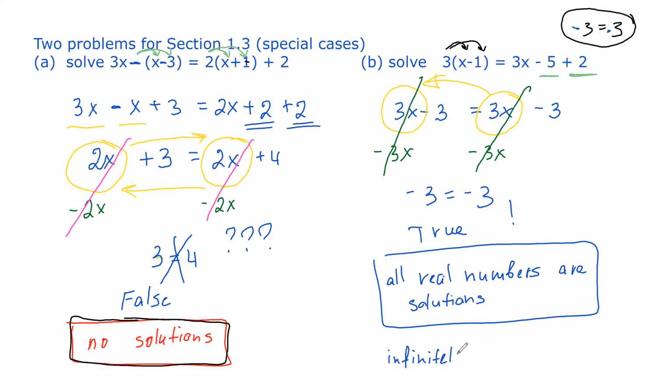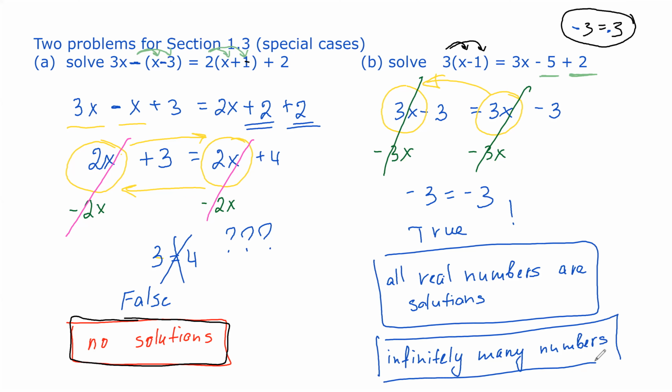But if my memory doesn't fail me, you would see all real numbers are solutions in your homework. Infinitely many numbers. What infinitely many numbers means is that all real numbers are solutions. How many of them? Infinitely many, right? We cannot stop counting them. There will always be a new real number, and so forth.